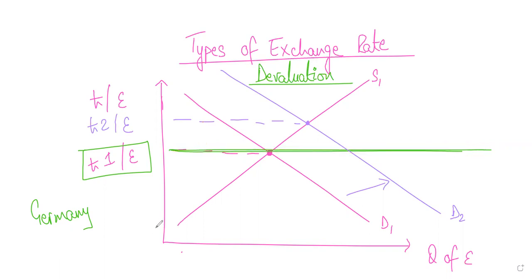Now, what will the European Central Bank do to bring the value back down to that, right? Is everyone clear on the question that I asked? So what will the European Central Bank do to bring the value back down over here?